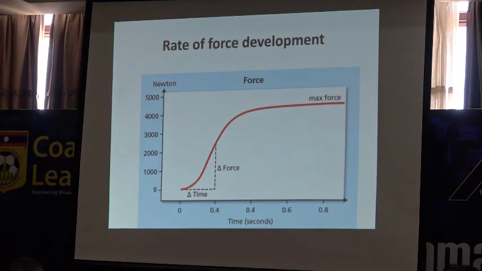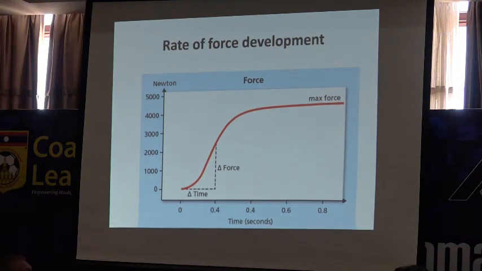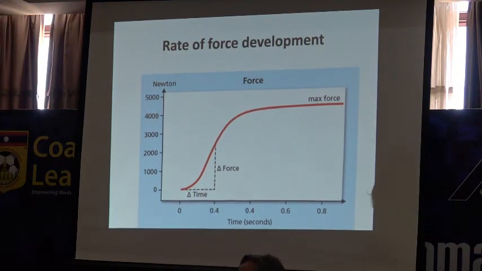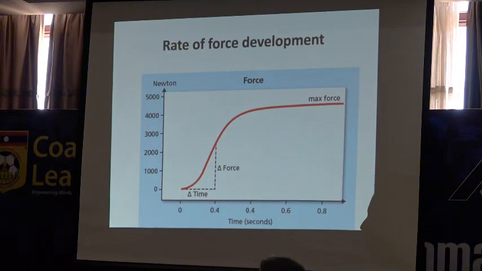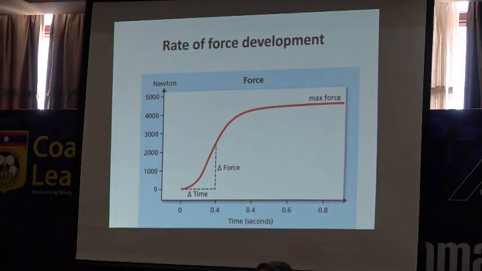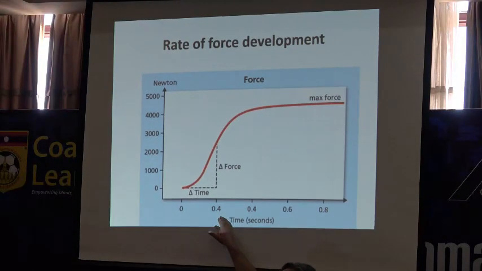We don't have that time in football. Most of the actions in a football game, so shooting, throwing, sprinting, touching the ground when we change direction, accelerating and so on. We may only have 0.2 seconds to develop force.